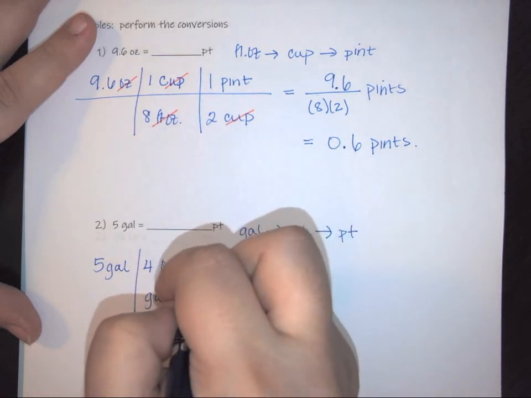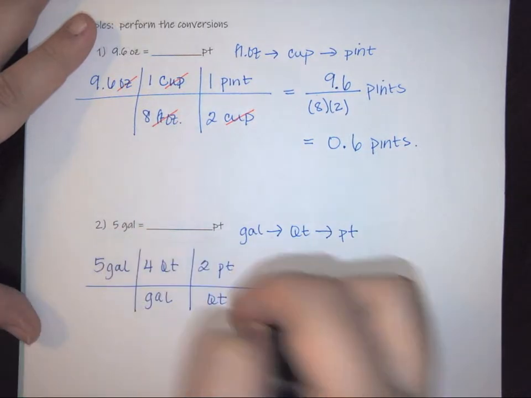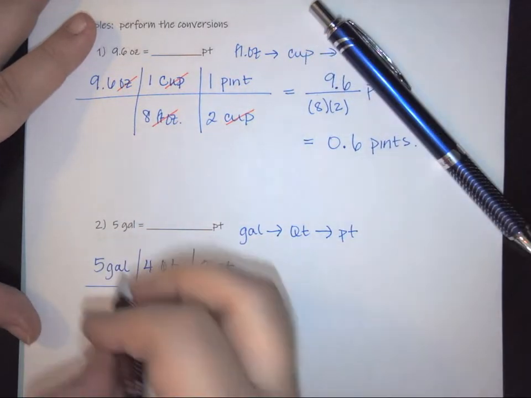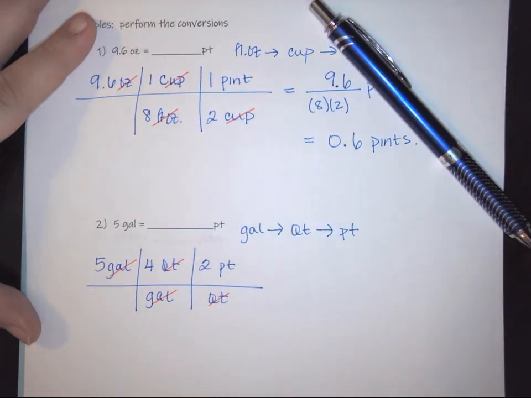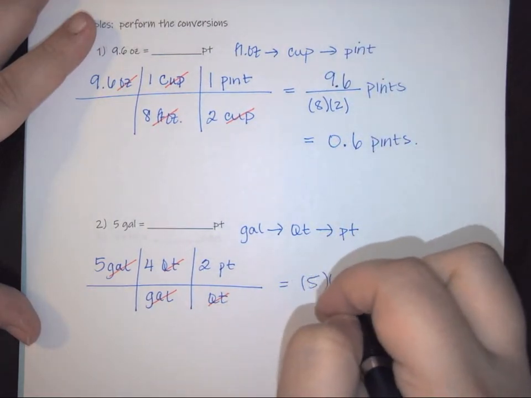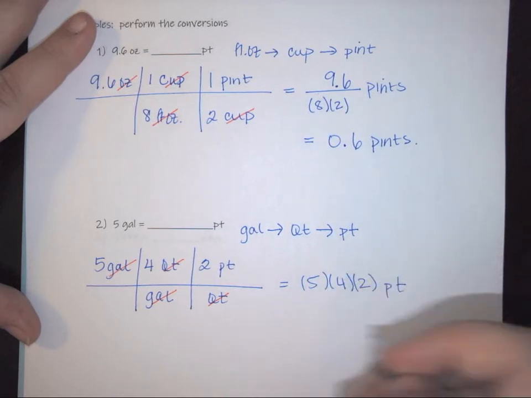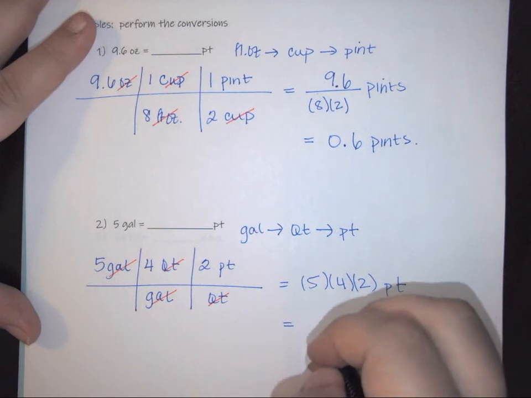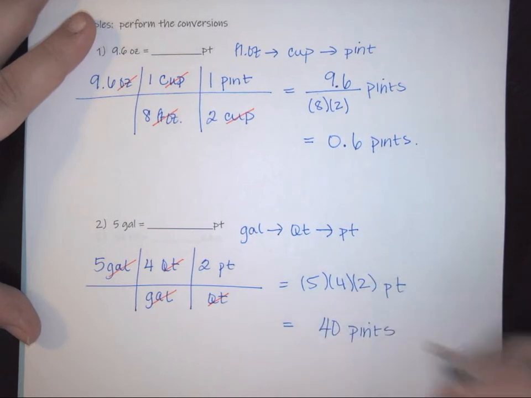And then I know that I've got 2 pints per quart. So again, looking closely, my gallons cancel, my quarts cancel, and it leaves behind 5 times 4 times 2 pints. So here this ends up being 40 pints.